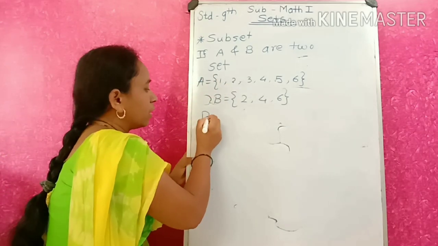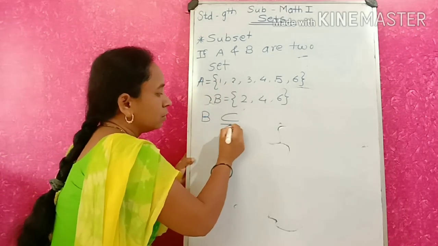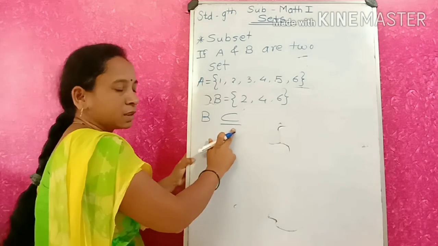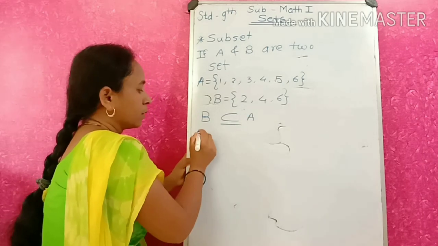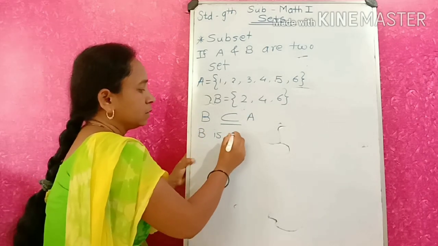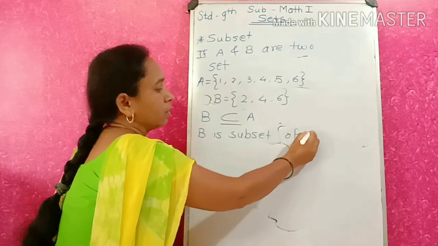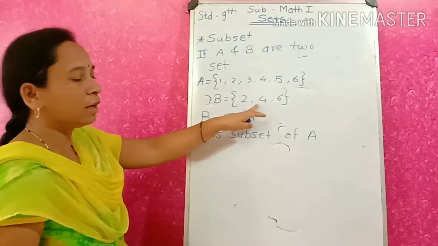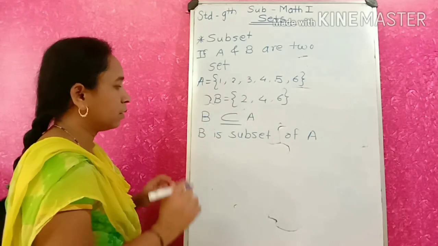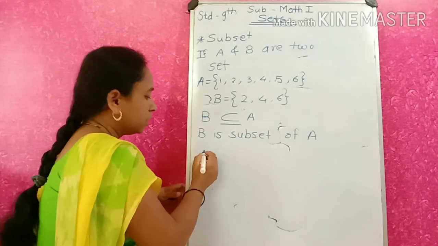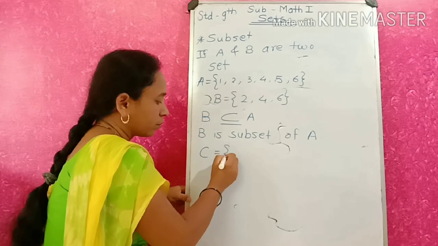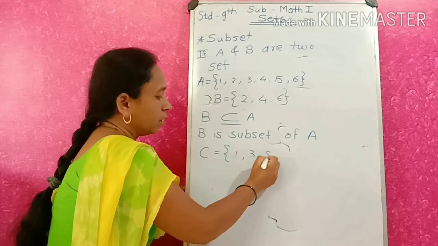So it is denoted by this symbol. B is a subset of A. Your condition is that all elements should be present in that set. Here I'll consider the set C: 1, 3, 8.